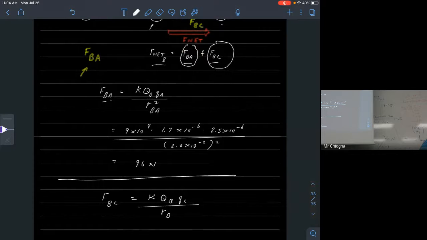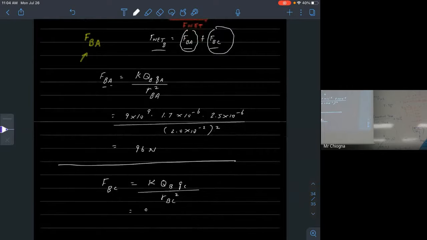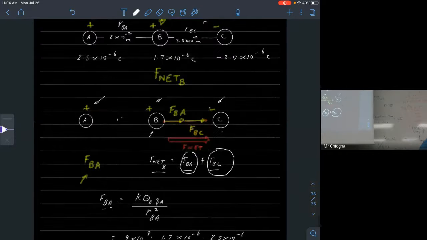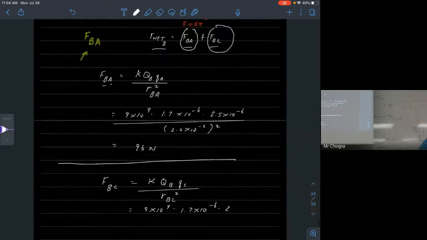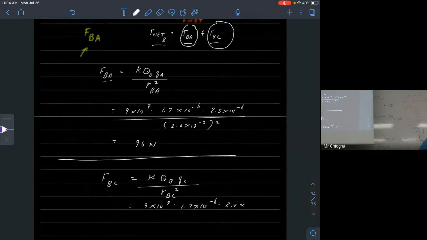And I'll use RBC for the distance. And then C is 2 times 10 to the minus 6. I'm going to use the absolute value. Don't worry about the sign when you're doing the calculation of force. We're just interested in the absolute value.